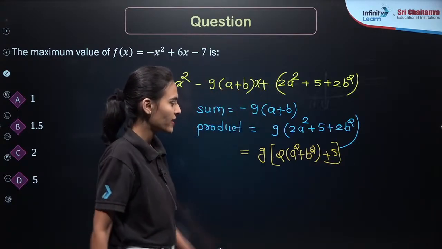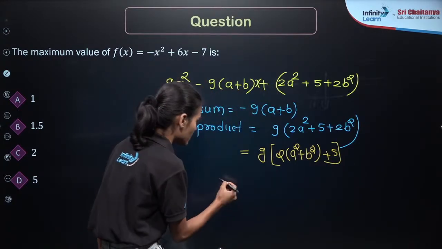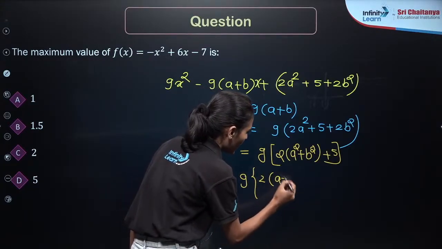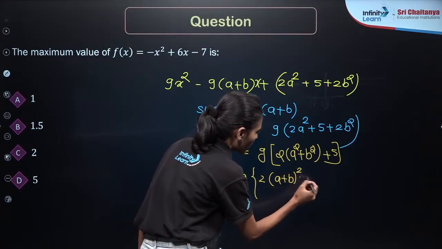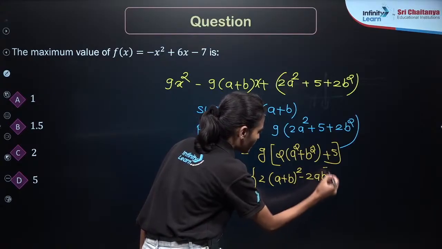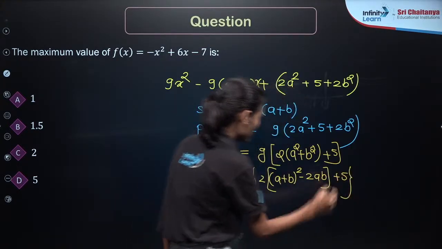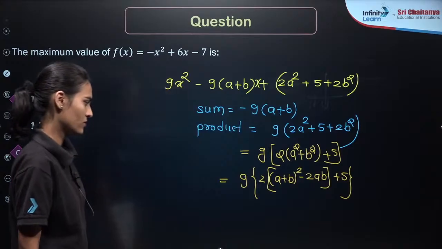We need to do some factorization here so that we will get the answer. This is 9 inside 2 into (a plus b) whole square minus 2ab plus 5ab.